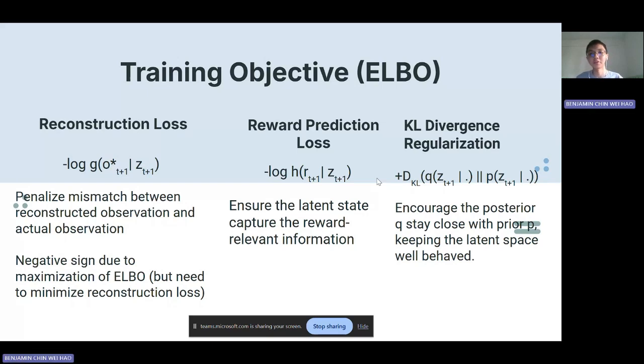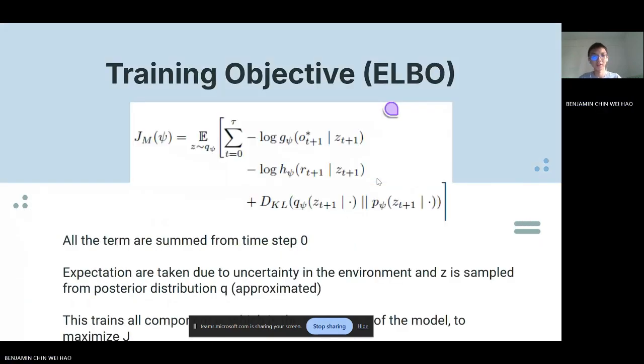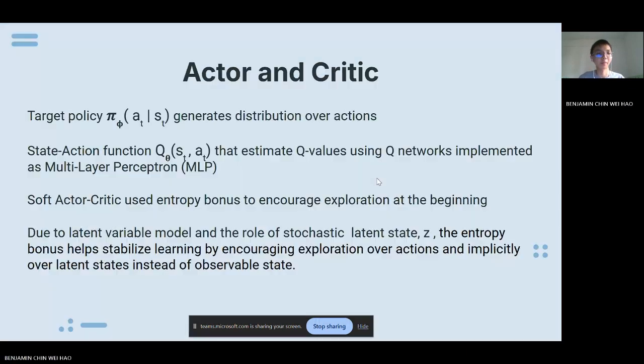The KL divergence regularization encourages the posterior q to stay close to the prior p, keeping the latent space well behaved. So here are just some of the terms that I explained in the previous slide, forming the training objective ELBO, which is the evidence lower bound for the model M.